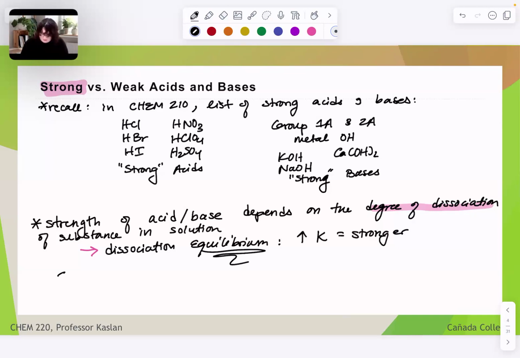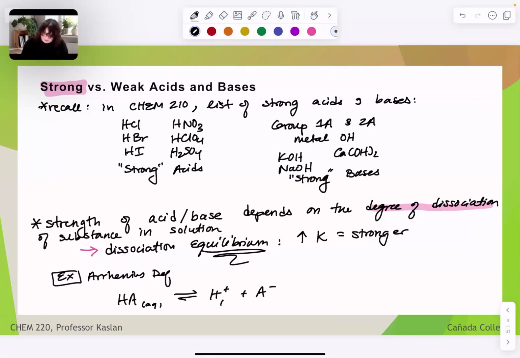So for example, if we think about this from the perspective of the Arrhenius definition, if I have HA that is dissociating like so in solution, if I have a large K, then I am at equilibrium going to be ion driven or dissociation driven or dissociation favored.